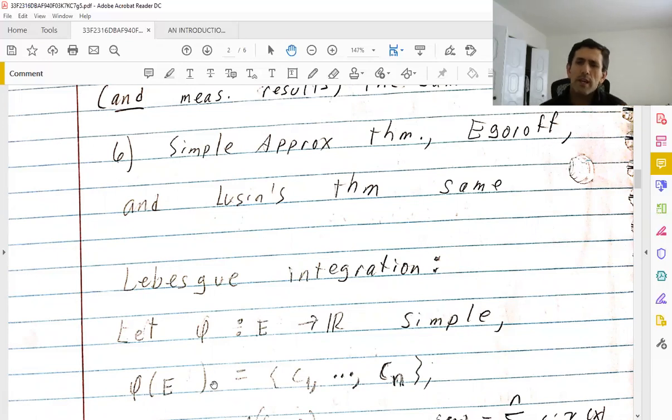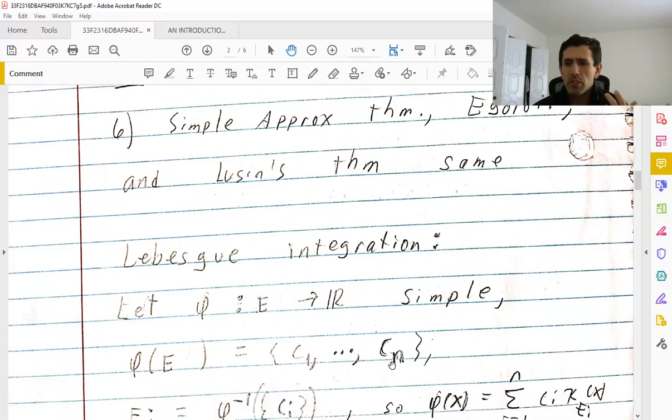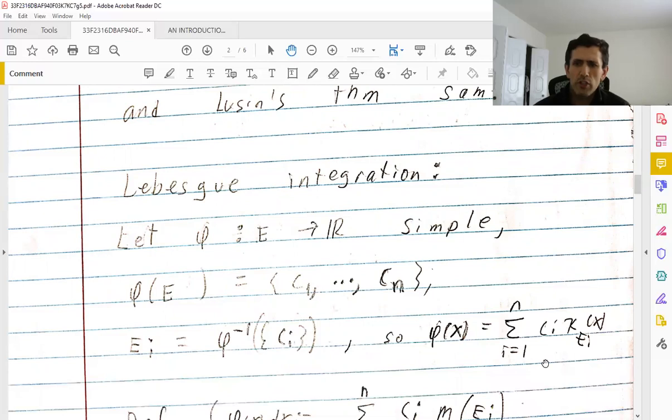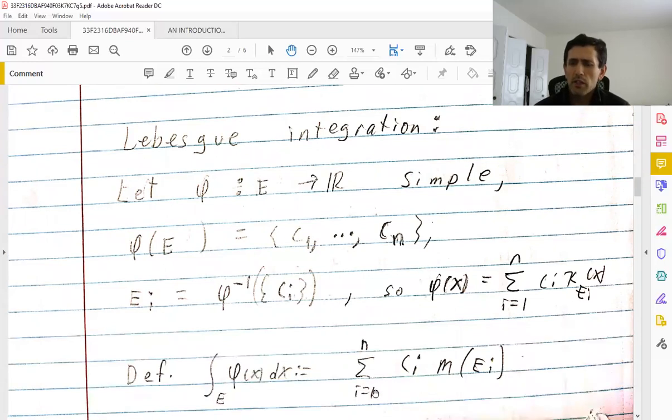Okay, so let's say the image is c_1 through c_n with no repeats. So we're writing down the canonical decomposition of phi like before. So E_i is the inverse image of c_i, or really the singleton c_i, but whatever. So in that case, phi of x is going to be the sum here, and we define the Lebesgue integral just like before, just the sum of c_i times the Lebesgue measure of E_i.